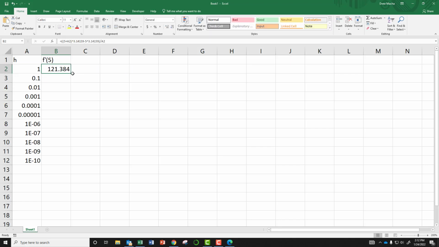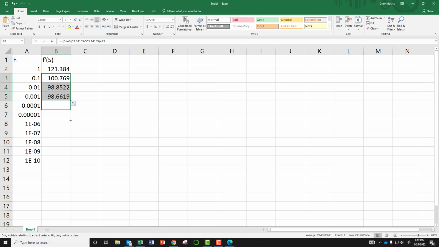And so if I use an h of 1, which is a very coarse approximation of the derivative, I get the value 121. And if I use 1/10 for h, I get 100, which is significantly different. And then going down to 1/100th, I get 99.